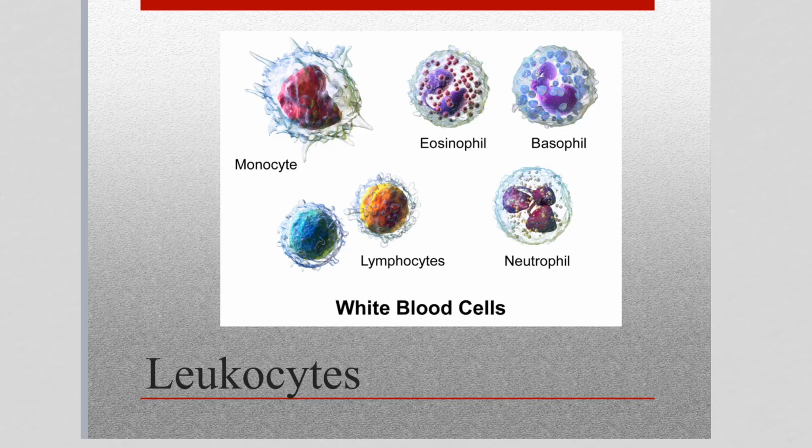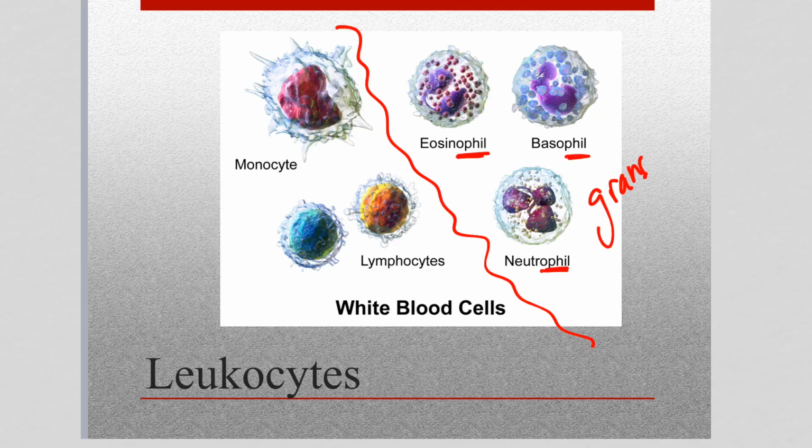Okay, so if you're looking at the leukocytes, as I said, you can categorize them into granulocytes or agranulocytes. So the best way to remember it, and I'm going to do a dividing line here, is that the granulocytes end with "phil." So you have eosinophils, basophils, and neutrophils.